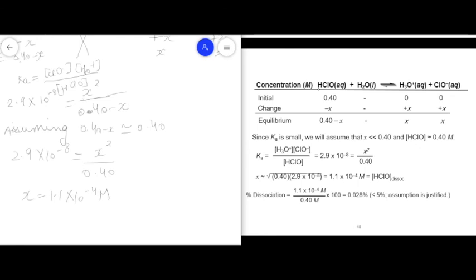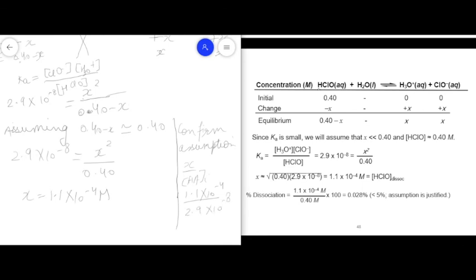Now remember, we have made an assumption. So the next step I do right here is to confirm or verify my assumption. So to verify assumption, it's going to be x over initial concentration of HA. So what is X? X is 1.1 times 10 raised to power minus 4 divided by initial, which is 0.40.